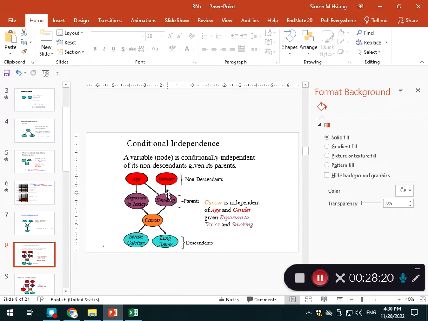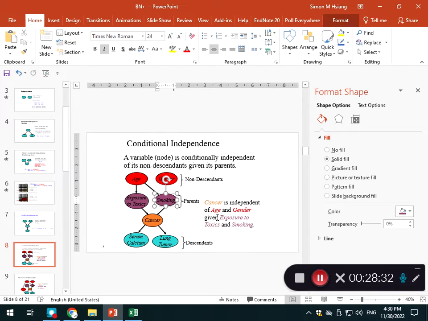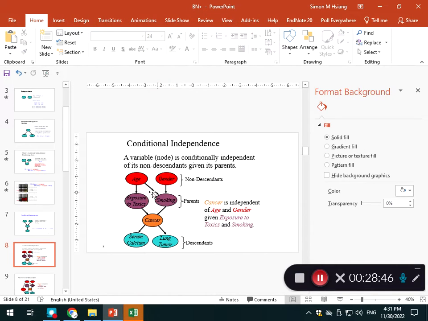At least I think in Asia, male smokers outnumber female smokers, but not in some European countries, where I actually see more female smokers. Just like, usually I think surgeons or doctors don't smoke. Wrong. If you go to the back of any major hospital, sometimes you see a lot of smokers wearing white coats. But here we're saying that age influences this, and gender influences this, and then both can cause cancer.